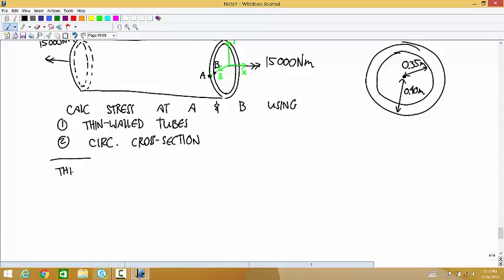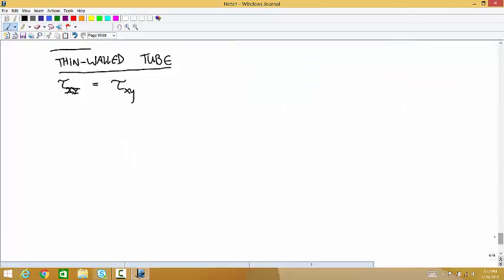Okay, so first thin-walled tube. In both of these, we're not going to have to worry about the rotation matrix because tau capital X,Y is equal to tau lowercase x,y, so what we get is the final thing we need. So tau capital X,Y is equal to, first we have to calculate that internal torque.